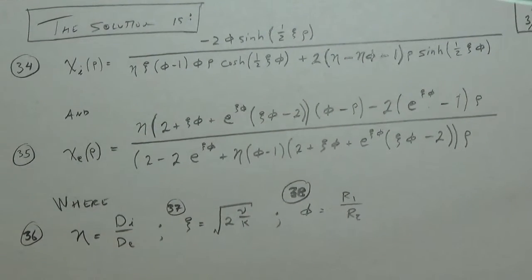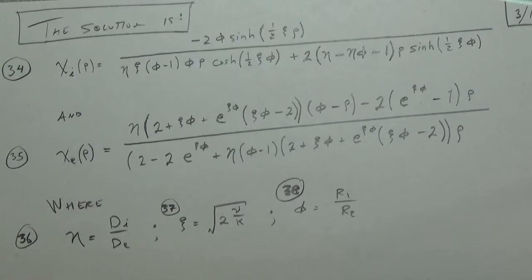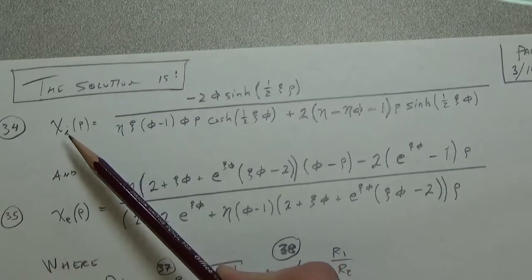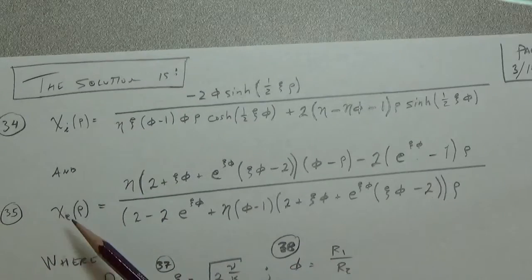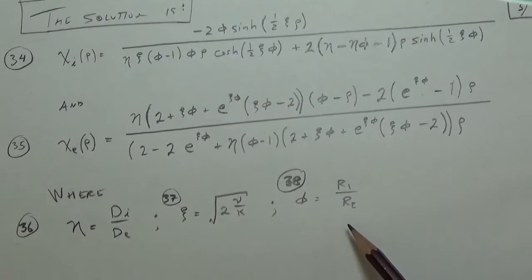I did a change in the coordinates, and that took a little bit of effort, but it works out really well because now the dimensionless concentration in the interior and the exterior are both a function of these ratios.